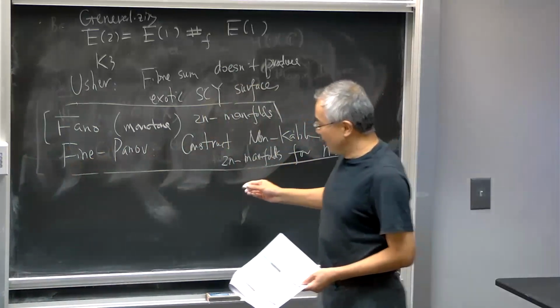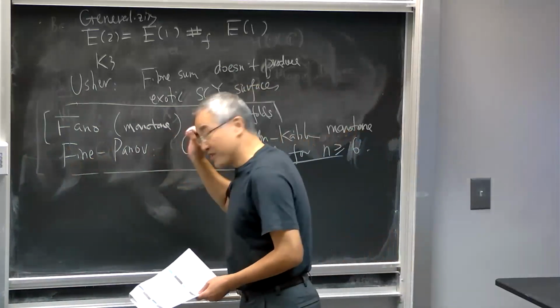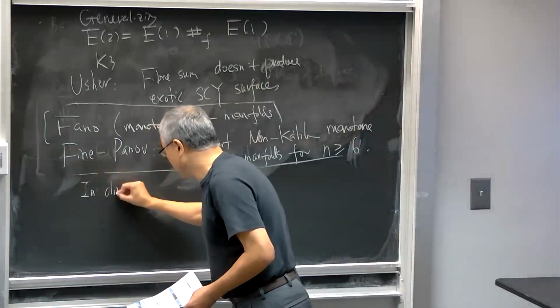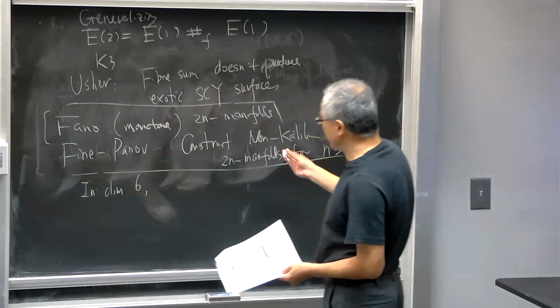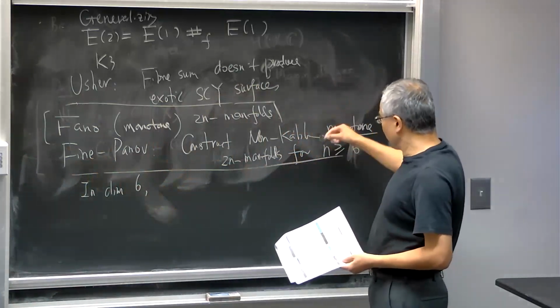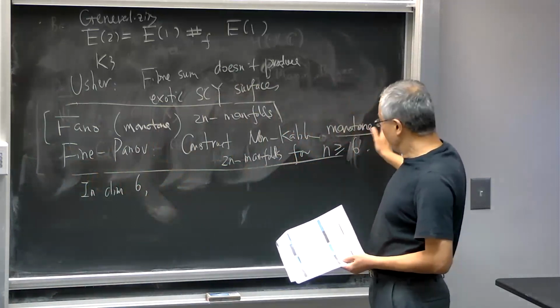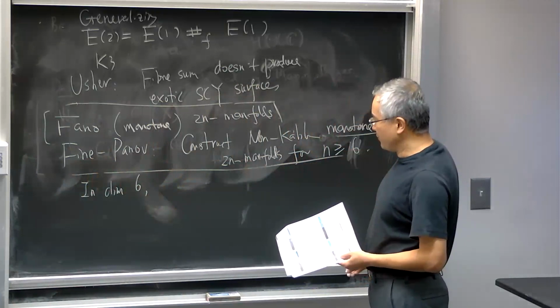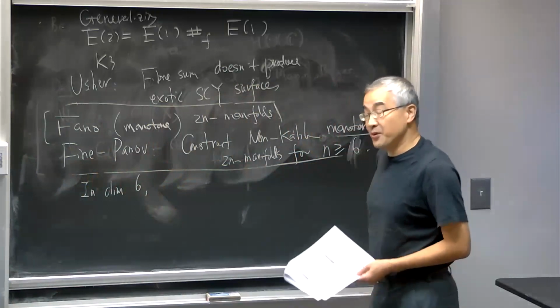On the other hand, they also conjecture that in dimension 6, if you impose additional symmetry conditions on monotone 6-manifolds, then you should just get Kähler ones.